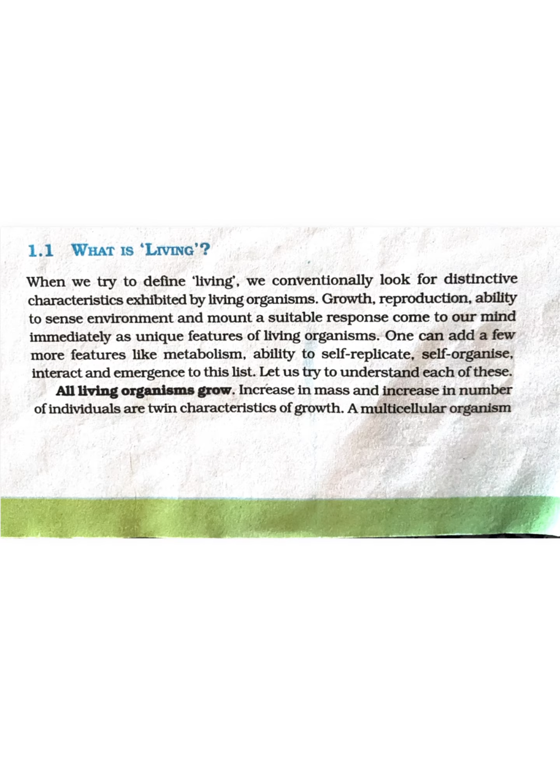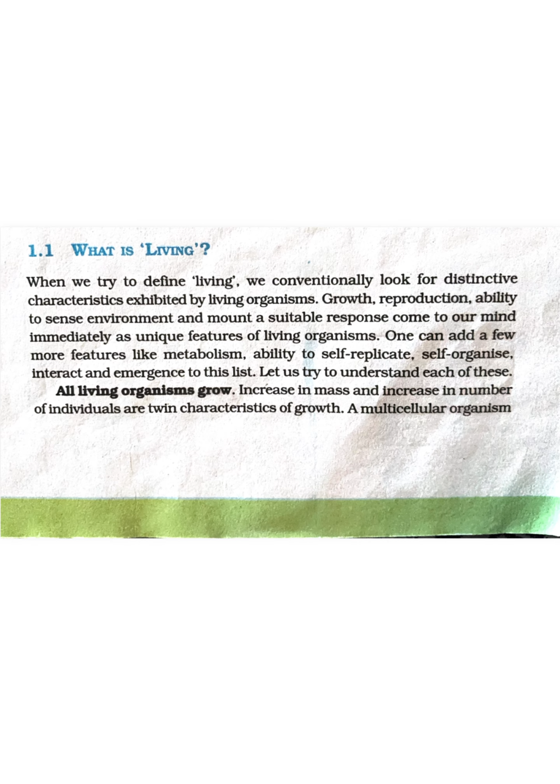So increase in number of individuals can also be called growth along with the increase in mass. When you consider the higher organisms, a single cell, when it is growing in size, will be adding mass to that particular cell. So increase in mass and increase in number, both are characteristic features of growth.